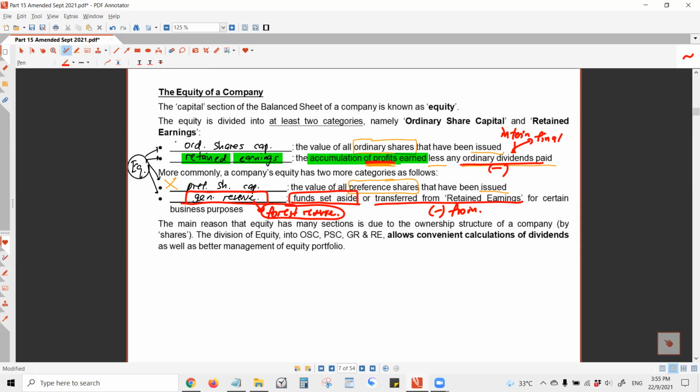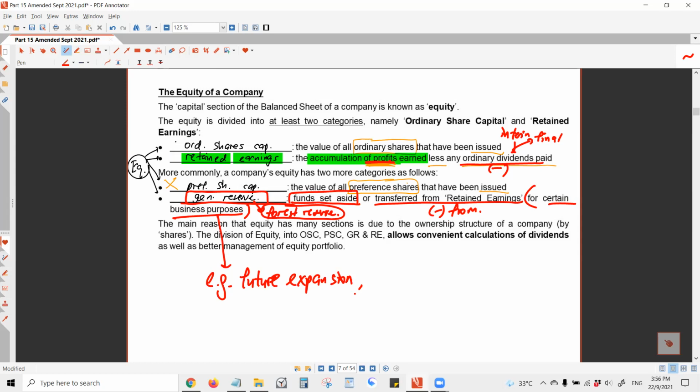Okay, and why do you do so? Why do you have to protect some money in your business? For certain business purposes. What are the certain business purposes? For example, maybe you want to expand your business in the future, business expansion. Maybe you are saving money to buy over KFC. You are McDonald's.